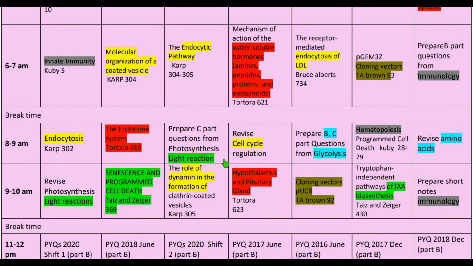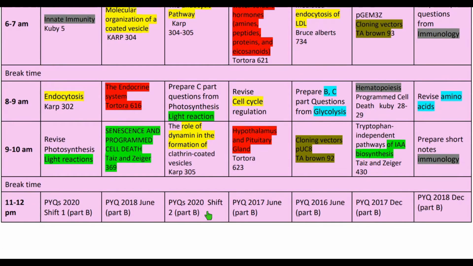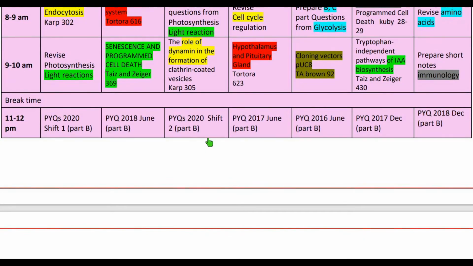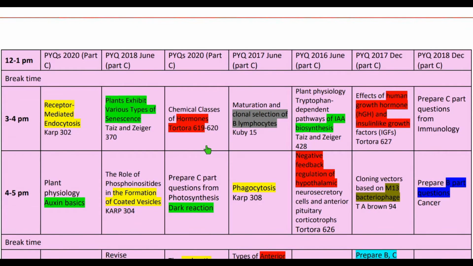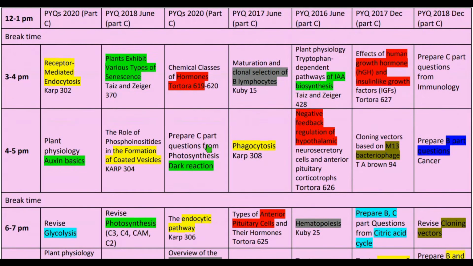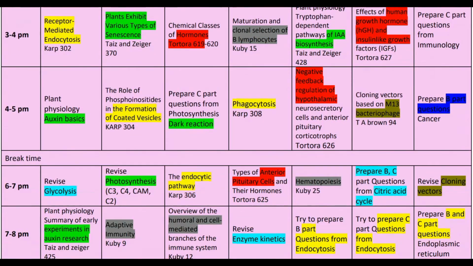So study it properly. 9 to 10 a.m., the role of dynamin in the formation of clathrin coated vesicles. 11 to 12 p.m., previous year questions 2020. 12 to 1 p.m., C-part. 3 to 4 p.m., chemical classes of hormone, which book to refer, Tortora. 4 to 5 p.m., prepare C-part questions from photosynthesis, dark reaction.